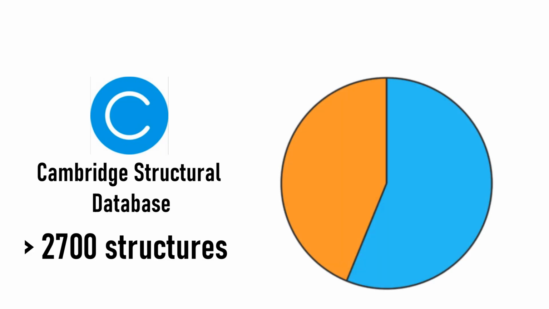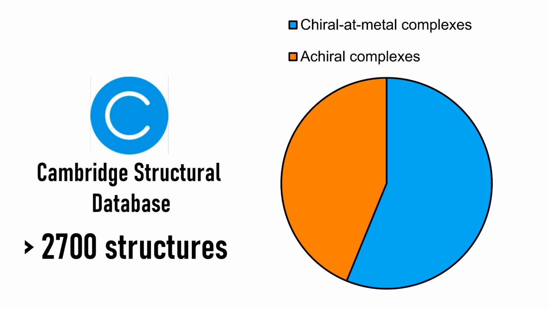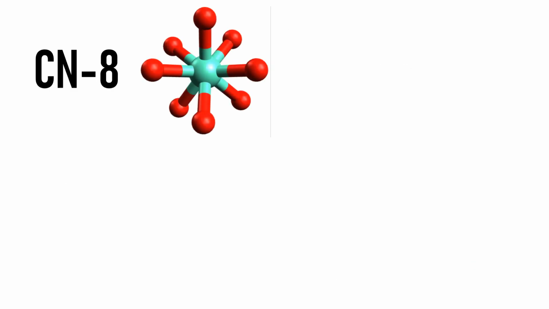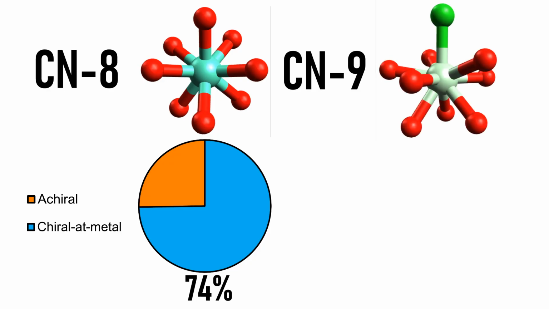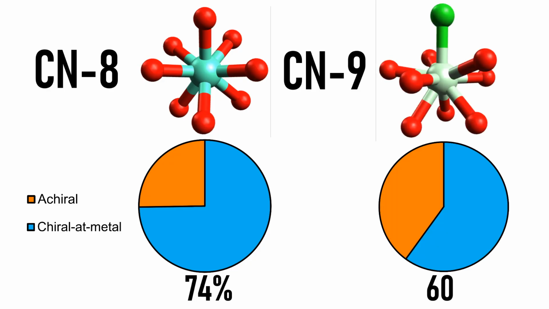This is the result: in more than 56% of unit cells, at least 1 chiral-at-metal complex was present. For octocoordinate complexes, the most abundant coordination number, the observed frequency of chirality was approximately 75%. For coordination number 9, about 60%.